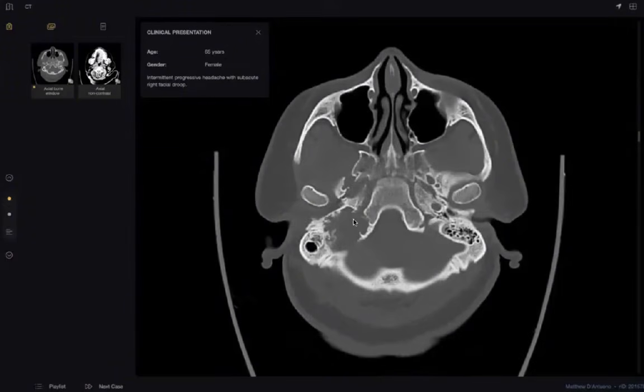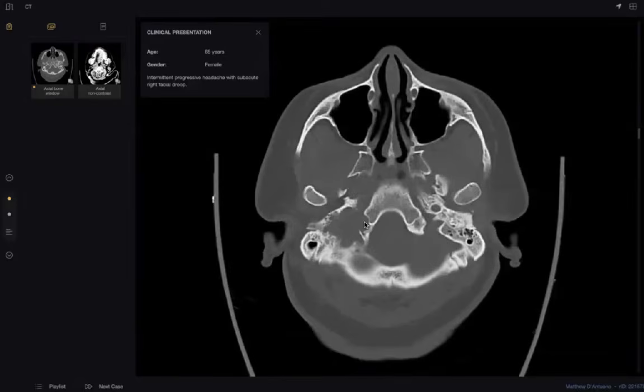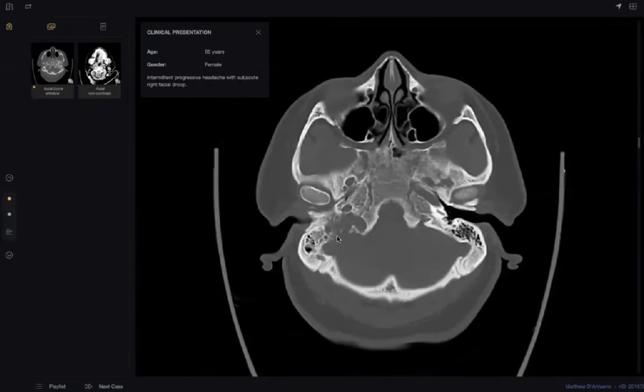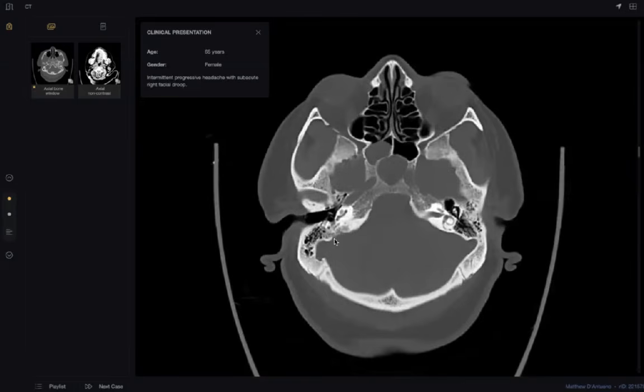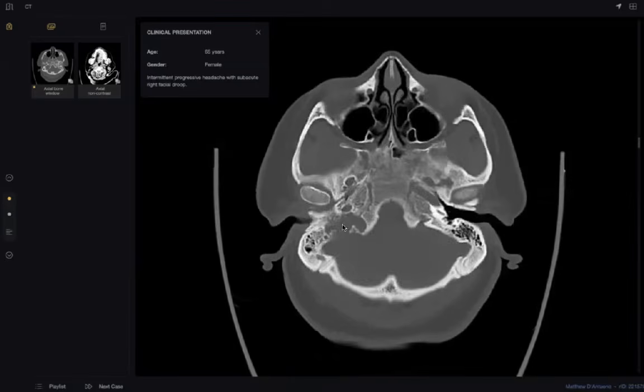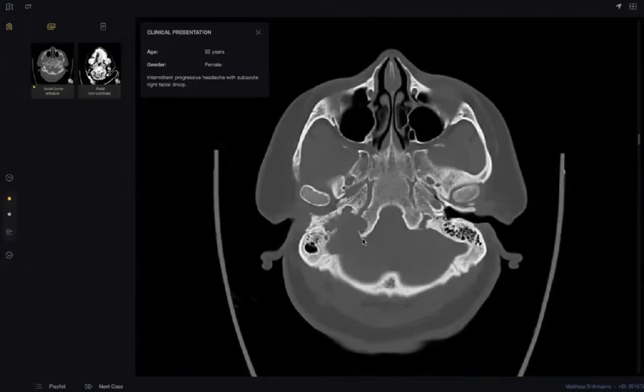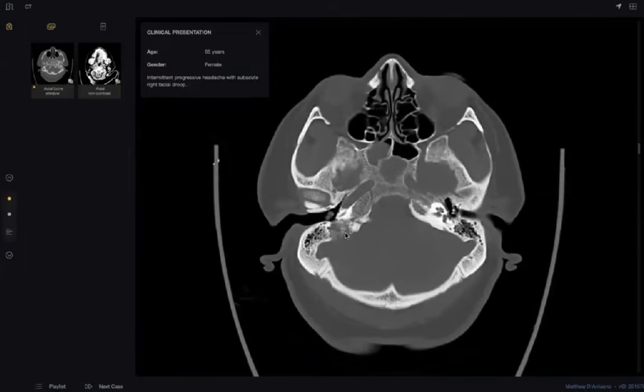So in this, I'm thinking of a lesion within the jugular fossa with adjacent bone destruction. So I'm thinking in terms of glomus jugulare tumor. I would like to have a soft tissue window or post-contrast images of this patient if available.